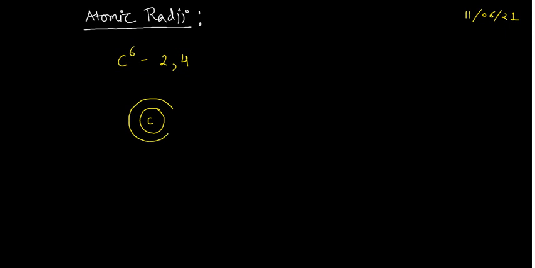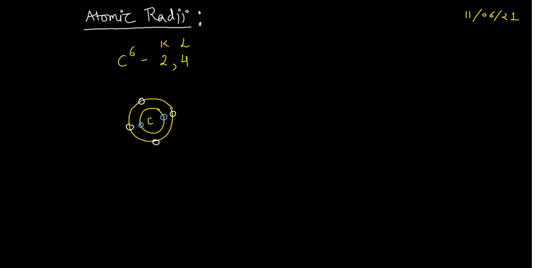The first shell is the K shell, and this is the L shell. In the K shell you are having 2 electrons, say one electron is this one and another is this one. Then in the L shell you are having another 4 electrons, 1, 2, 3 and 4. So this is the simplest picture of the carbon atom.